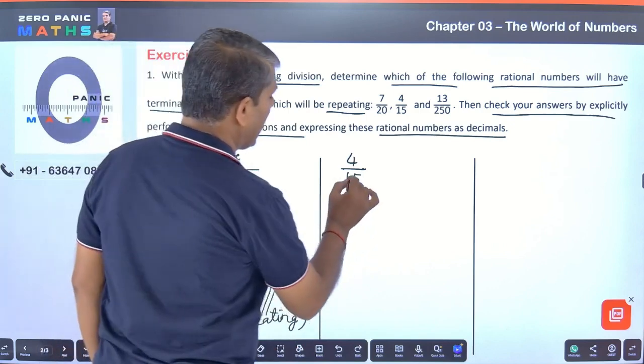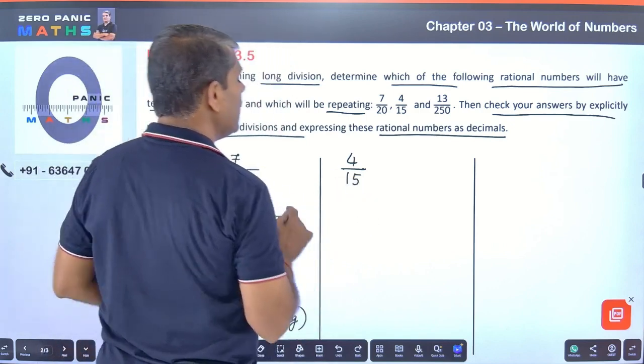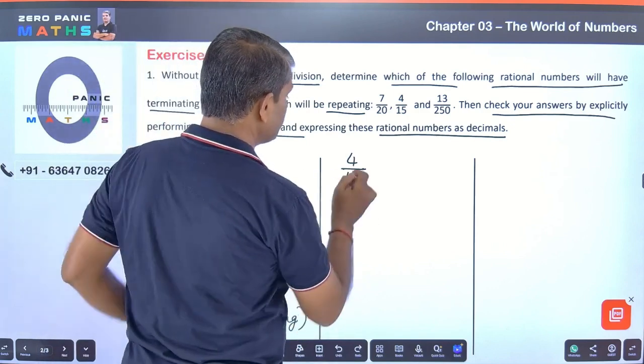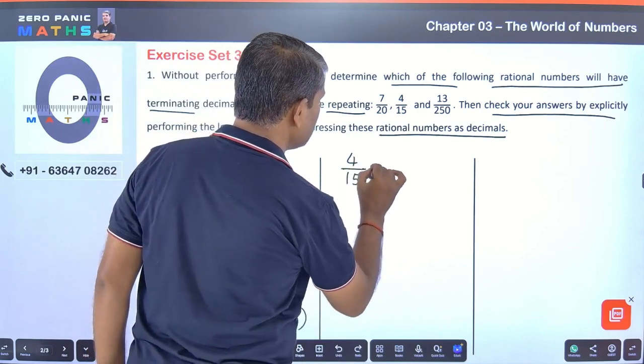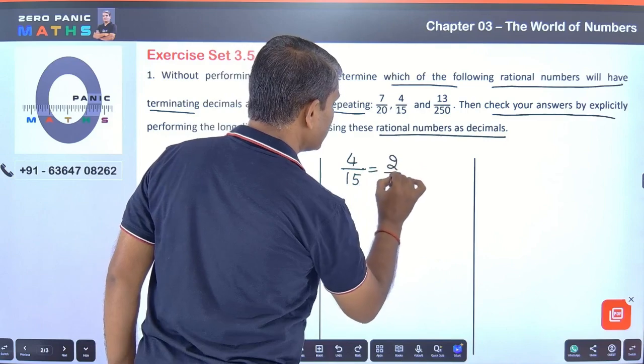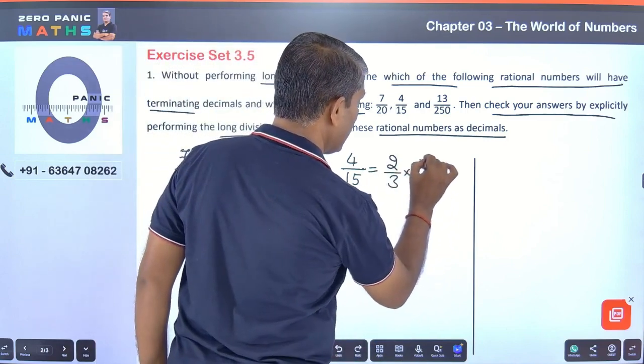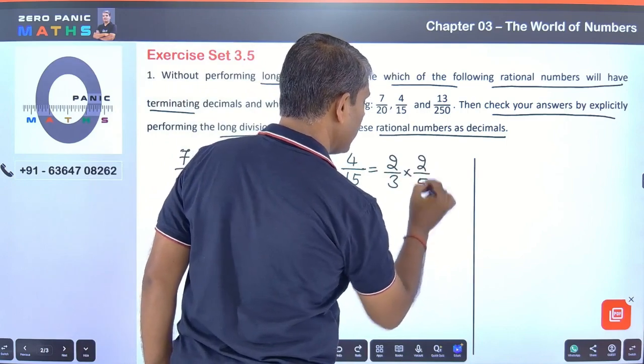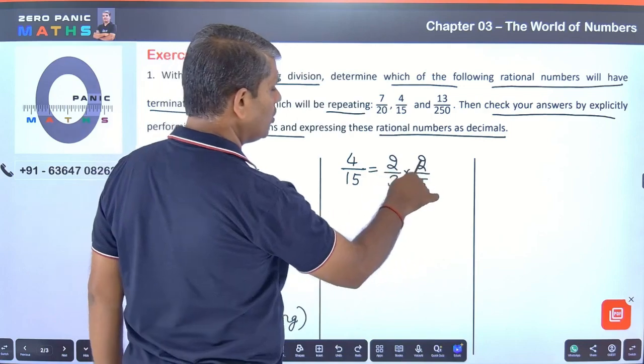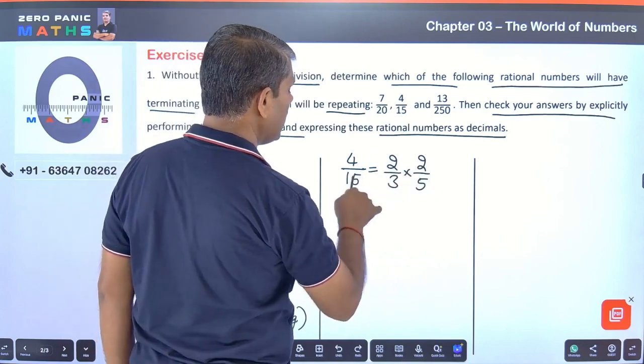But I cannot convert 15 into 100. What I can do is convert this as 2 by 3 multiplied by 2 by 5. Can I do this way? It is 2 twos are 4 and 3 5s are 15.